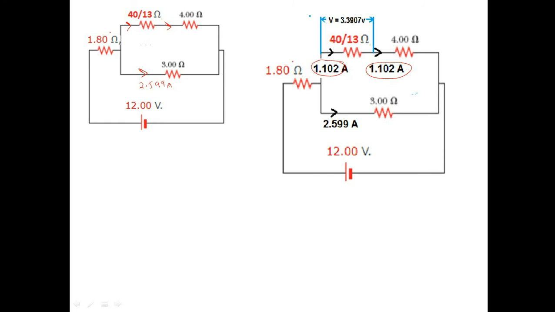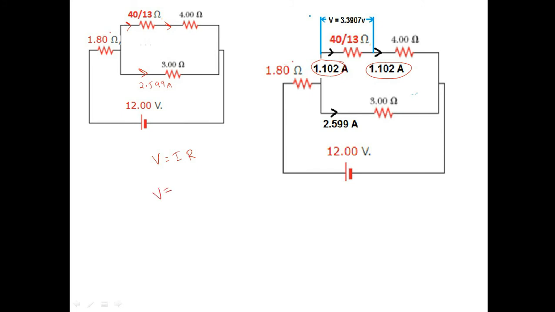Now in the circuit before this one, this 40/13 ohm was a parallel combination of 2 resistors. So again we have to find the voltage across this resistor, because in parallel the current is not constant; the voltage is constant across the resistors. So we will use Ohm's law, V equals IR.